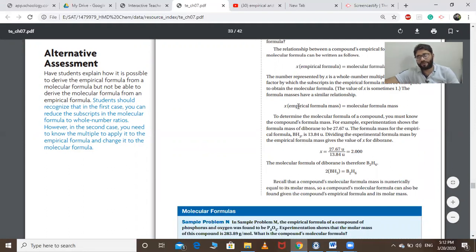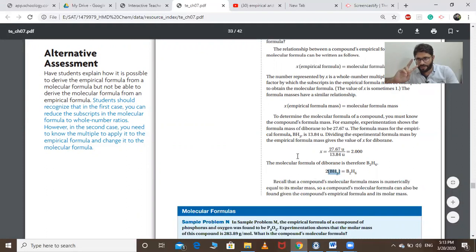As you know that the empirical formula for diborane is BH3, 2 into BH3 is equal to, you multiply this 2 with both of these values, B2H6, 3 into 2 is equal to 6. So the molecular formula for diborane is B2H6, while its empirical formula, which we already found before, is BH3.